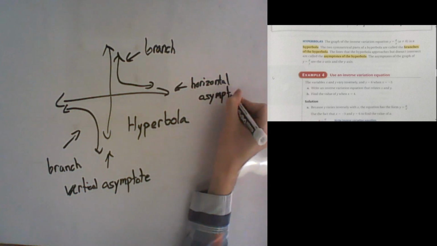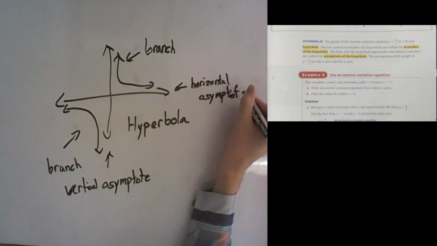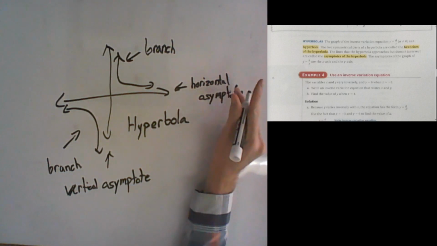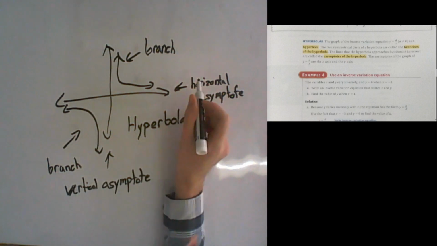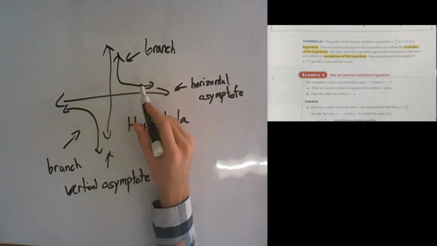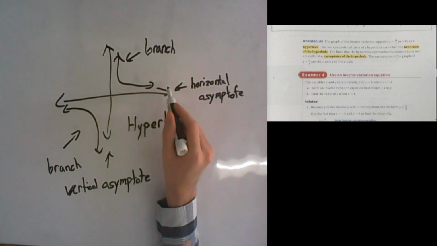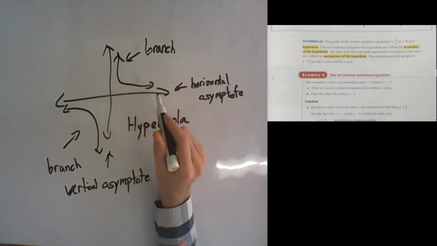Okay? And an asymptote, for all purposes, is something we don't reach. We can't touch it. Okay, so we can get close, but we can't get all the way there. Think of it as this horizontal aspect. We can get closer and closer and closer, but we're not going to touch this line.